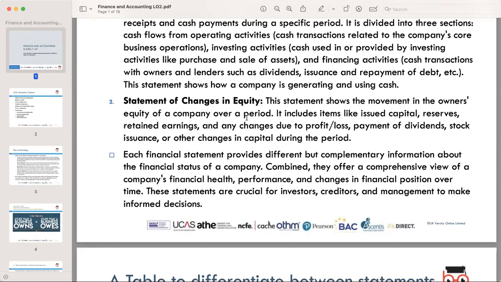And the last one was the statement of changes in equity, which illustrates how the ownership interests in the company have evolved over time. By analyzing these financial statements, we can gain valuable insight into a company's financial health and make informed decisions.